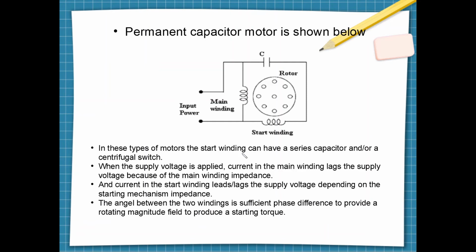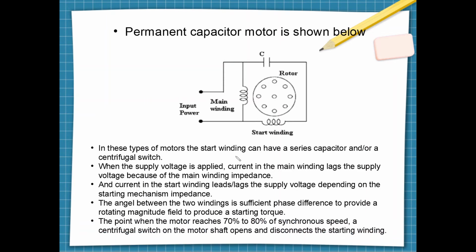The angle between the two windings gives a sufficient phase difference to provide a rotating magnetic field to produce a starting torque. Like you can see in your ceiling fans, the capacitor is needed to start the fan. After that, the main winding will do its work.